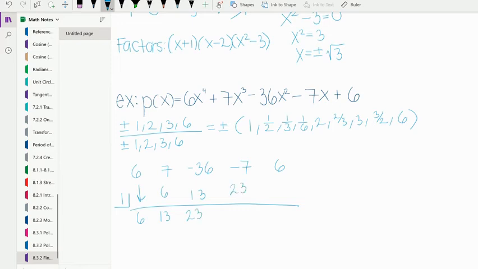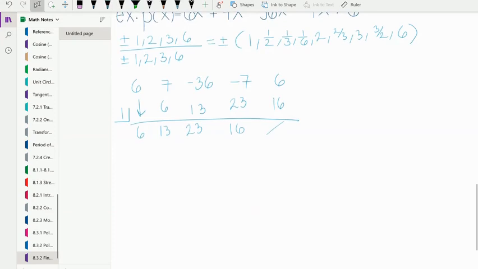Negative 7 and 23 would be 16. And then 1 times 16 is 16, and that doesn't work. It doesn't matter, we could already tell. So then we try another one. So we have 6, 7, negative 36, negative 7, and 6. And then we're going to go ahead and test another one. So I'll test 2.